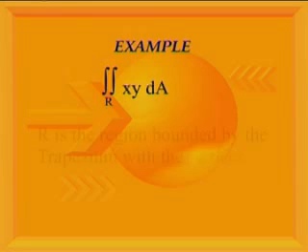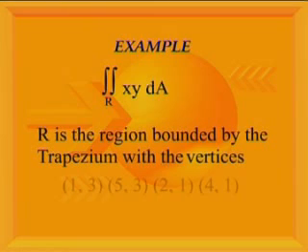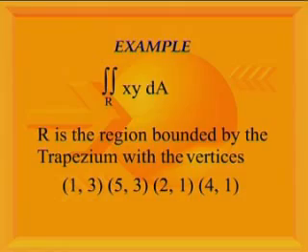R is the region bounded by the trapezium with the vertices (1, 3), (5, 3), (2, 1), (4, 1). First of all, we draw this region, and after looking at these points, we observe that there are lines y equal to 1 and y equal to 3.